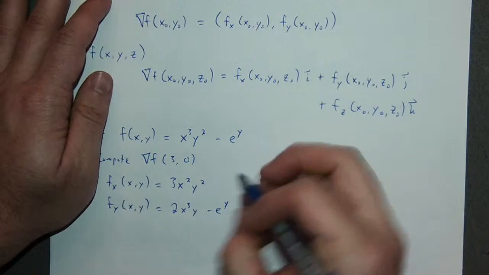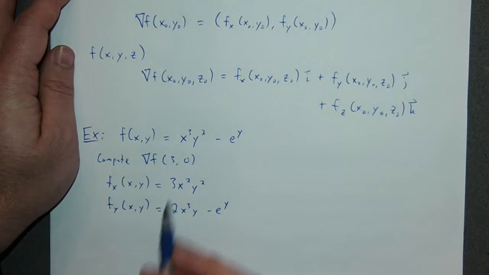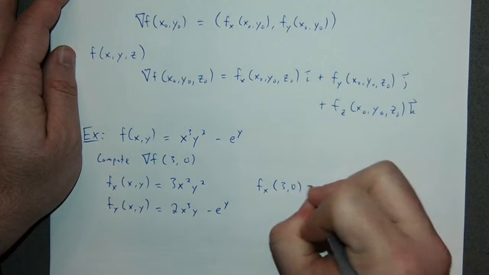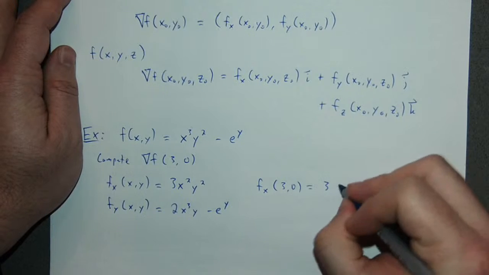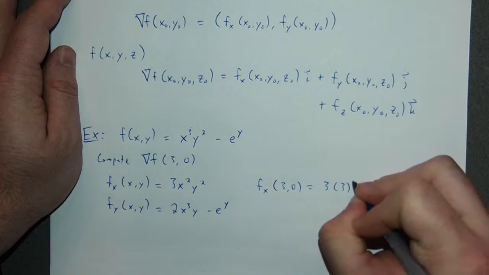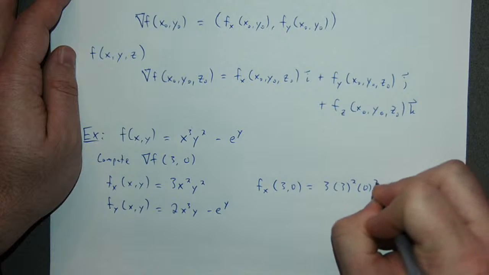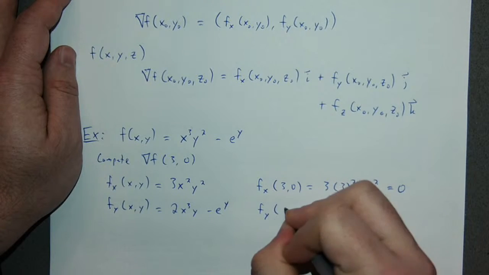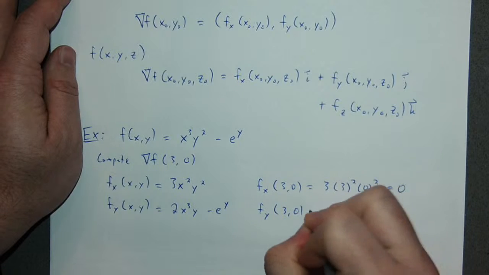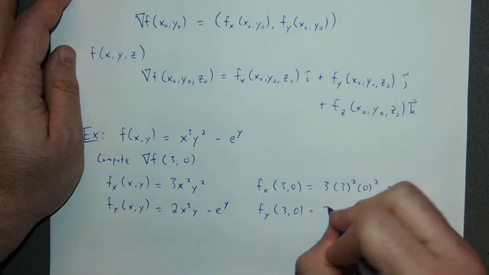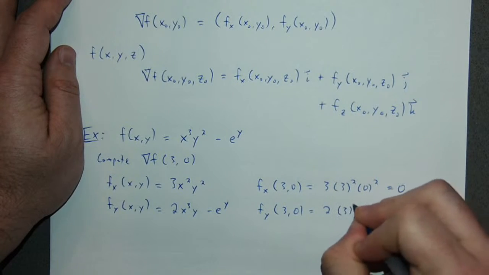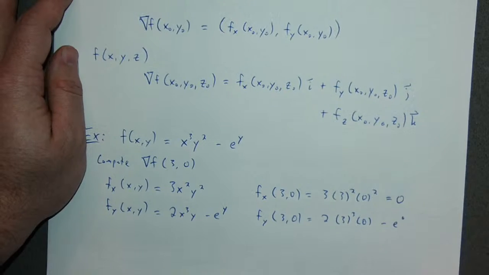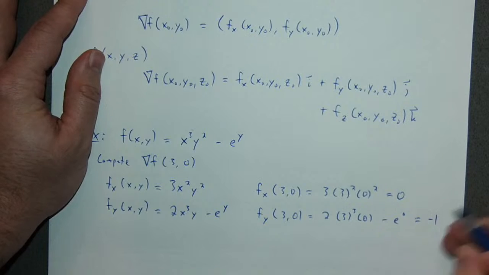Now I evaluate both of these things at 3, 0. The x partial at 3, 0 is 3 times 3 squared times 0 squared, which is 0. And the y partial at 3, 0 is 2 times 3 cubed times 0 minus e to the 0, so it's minus 1.